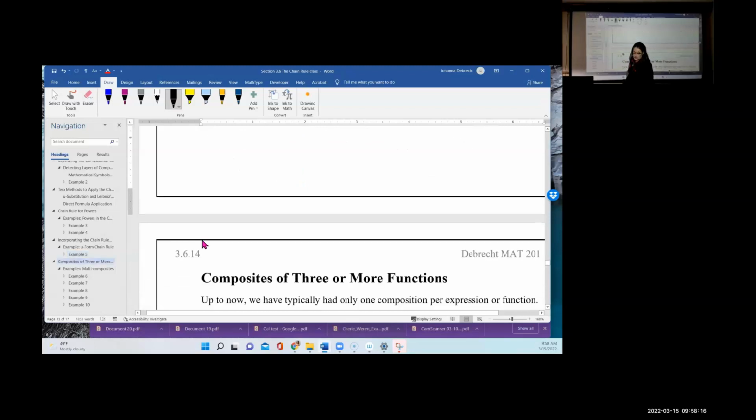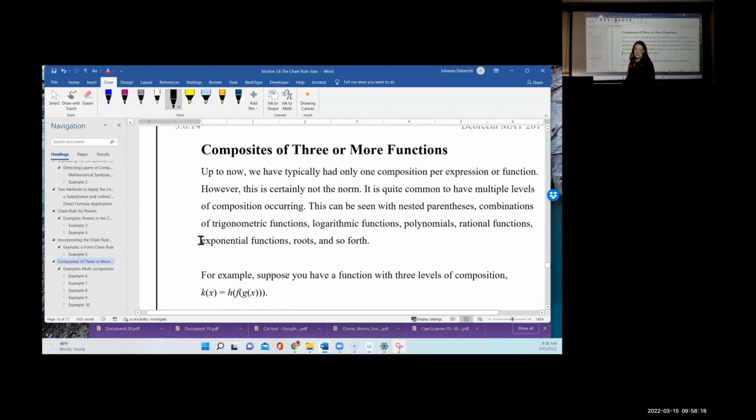Okay, now we want to switch and take a look at things that have composites of 3 or more. As awful as this sounds, it is not uncommon to have composites of 3 or more different types of functions together. So when we do this, we'll have multiple levels of composition, which means that when we take the derivative, we have multiple applications of the chain rule within the same factor or within the same term.